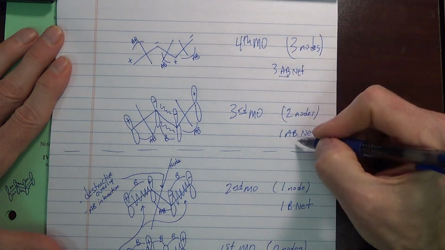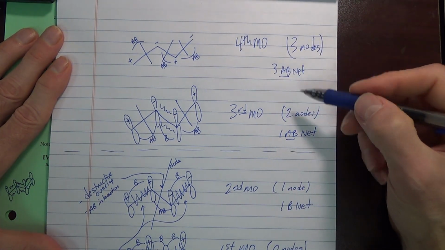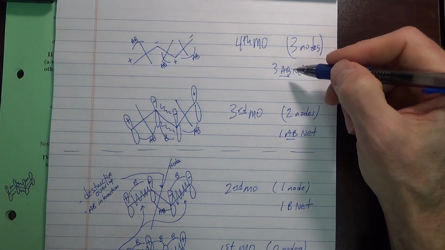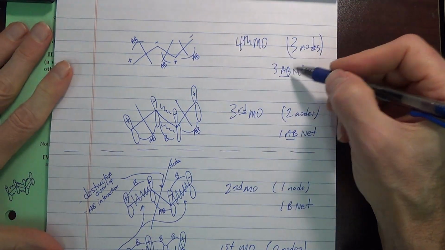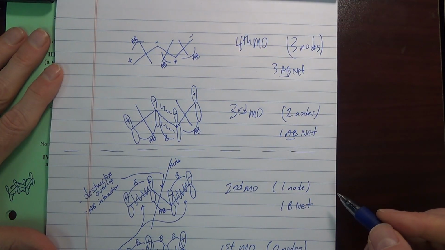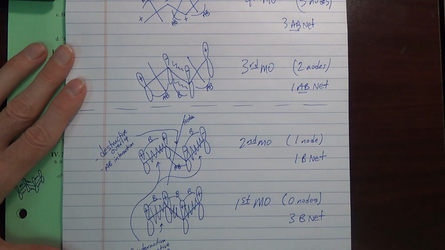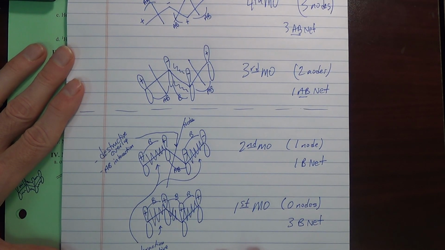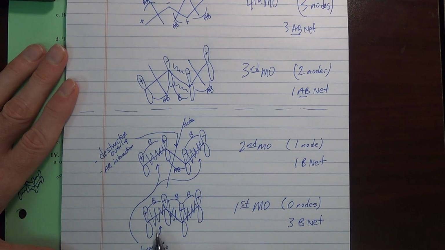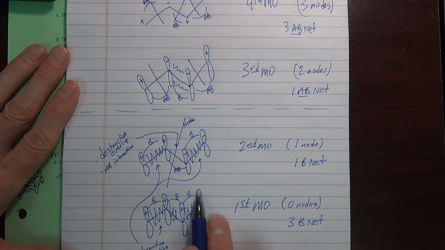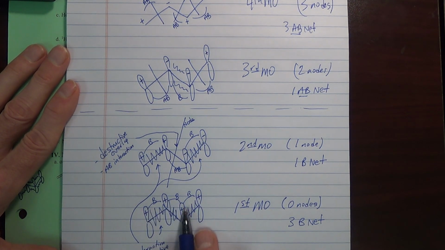So we see it's an anti-bonding molecular orbital, just like this one, but it's worse in terms of energy because it's got more anti-bonding interactions. So this here is 4 molecular orbitals. Okay? Now, what do we know about an orbital? How many electrons can sit in an orbital? 2. We're going to put 2 electrons in this orbital, and the electrons will be spread out all through this orbital, this MO.